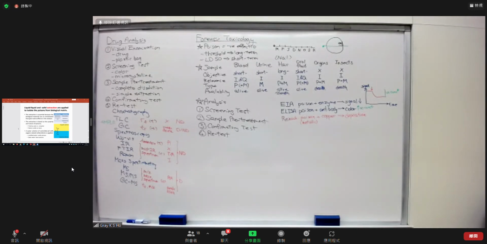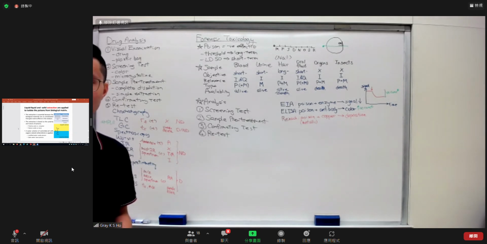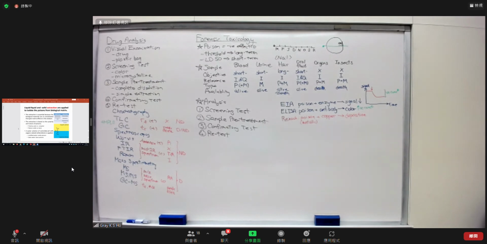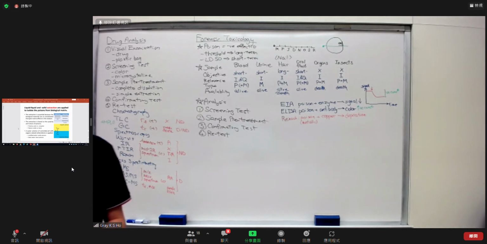After the screening test, we are tentatively knowing what is there. But before we subject the sample to the confirmatory test by chemical instrumentation, we have to prepare our sample solution.